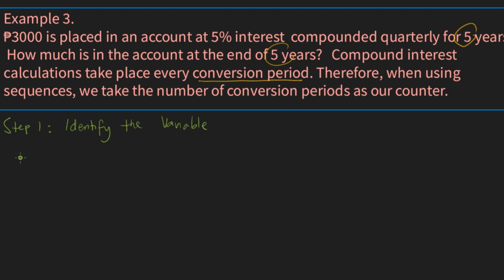Okay, so we need to let a sub n be the amount in the account after n conversion periods. Okay, so this is our variable. We need to determine the amount in the account after n conversion periods. Okay, now let's move on.